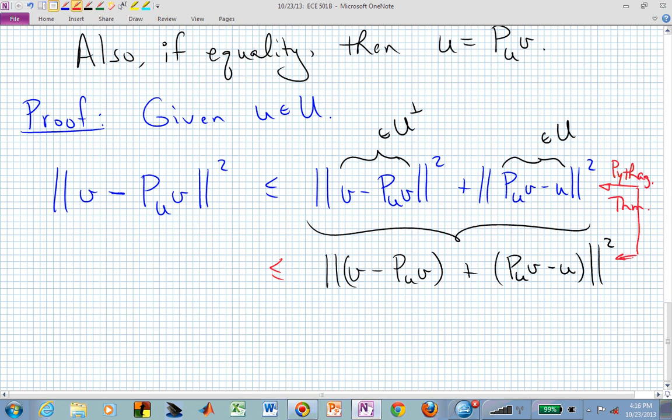They cancel, and so I'm left with (v minus u) quantity squared. And that is what I set out to prove, that for a v that I pick, then for all u in the subspace U, this inequality is true.